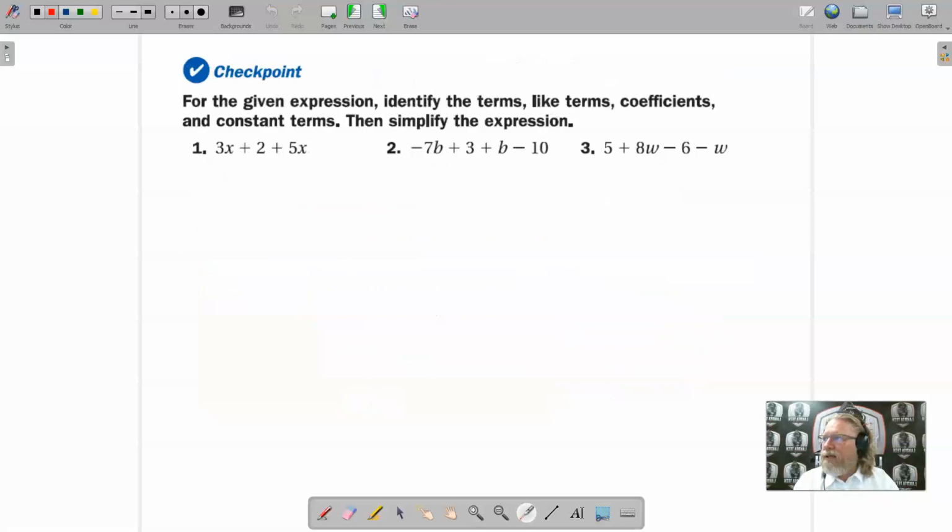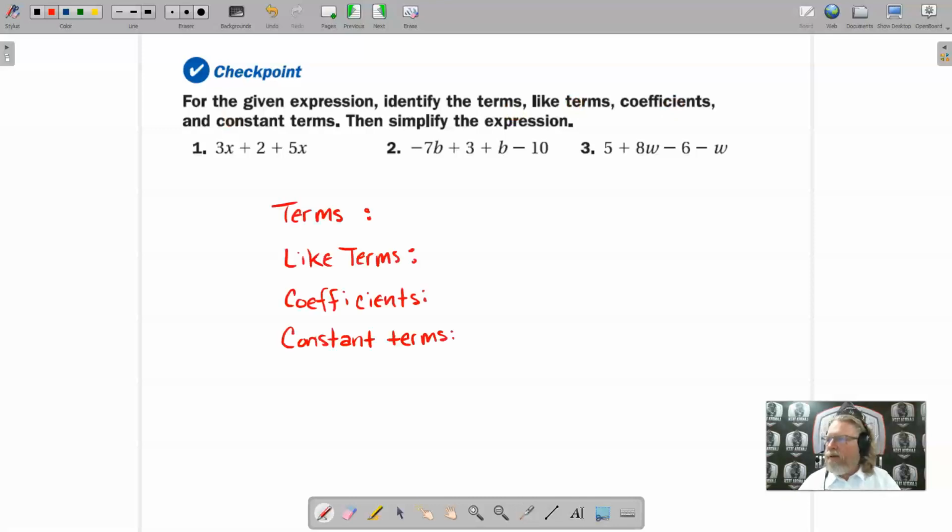Looking at our next page, it says to identify the terms, like terms, coefficients, and constants. So we'll go ahead and do that. For our first one, our terms are what's being added together. So we'll list them out: 3x, 2, and 5x. These are our terms. The like terms, we identify the ones that have identical variable portions.